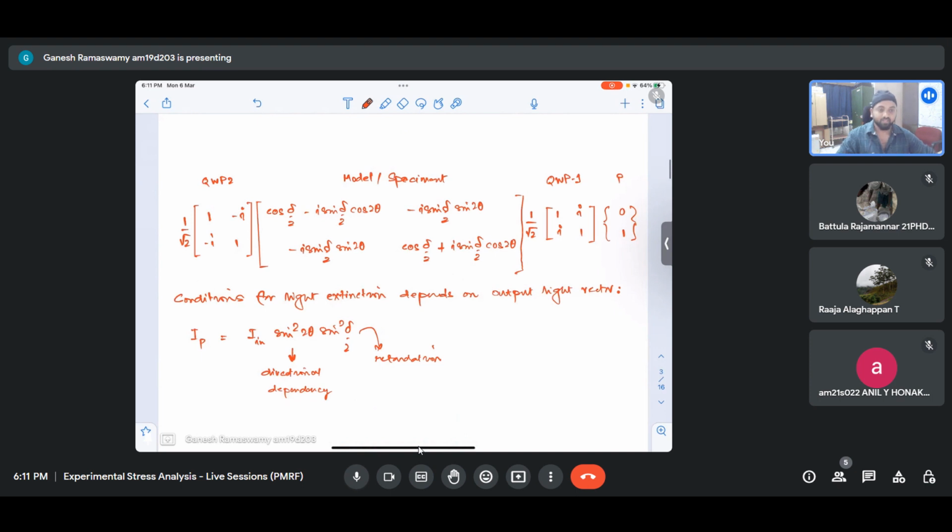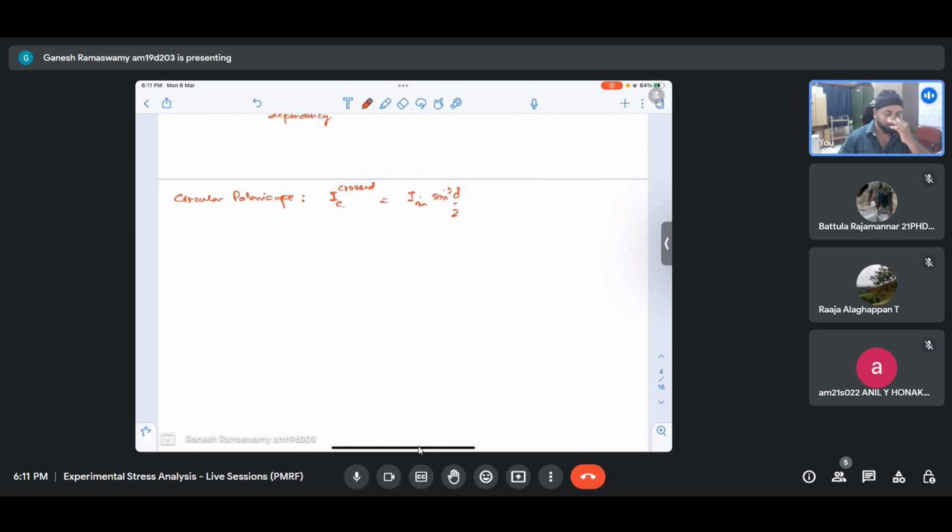That is what the crossed combination means. So the real part of the x component of the output light vector, if we analyze, will come out to be I input sine square delta by 2. Similarly, if we keep it parallel, it will come out to be I input cos square delta by 2. So this is basically known as a dark field arrangement.